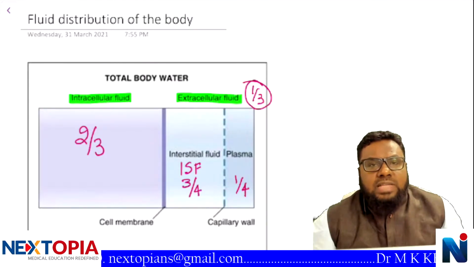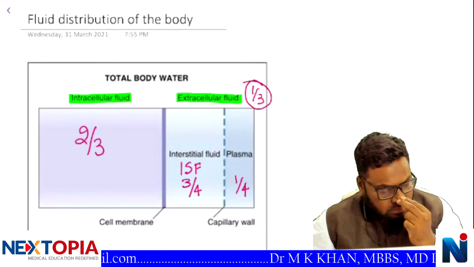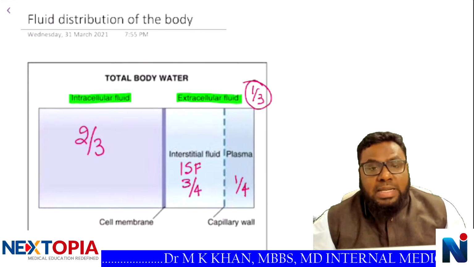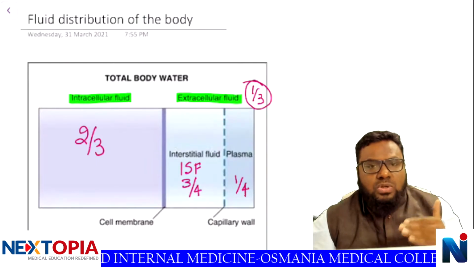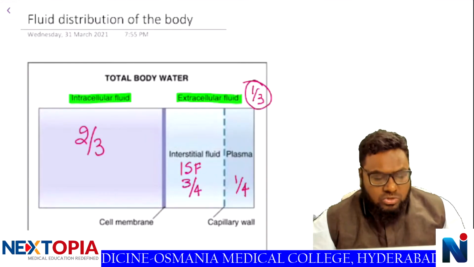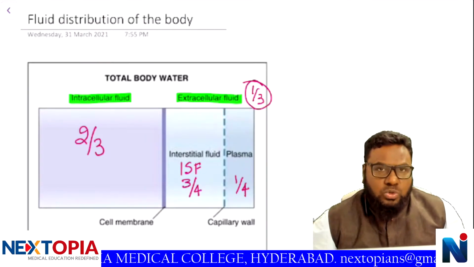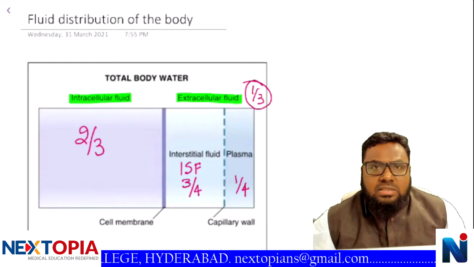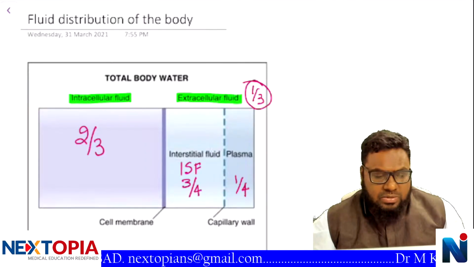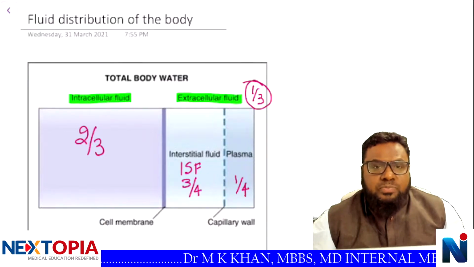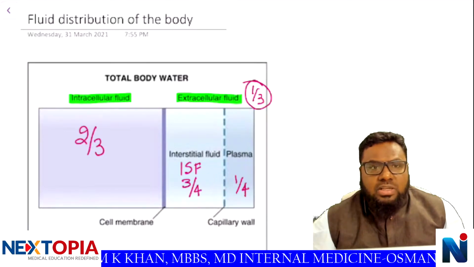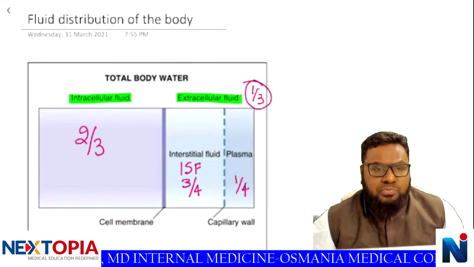Please remember that these fluids are separated by membranes, and a cell membrane is a barrier for movement of ions, hormones, neurotransmitters, and various chemical components, thus bringing about the physiological balance in the body.